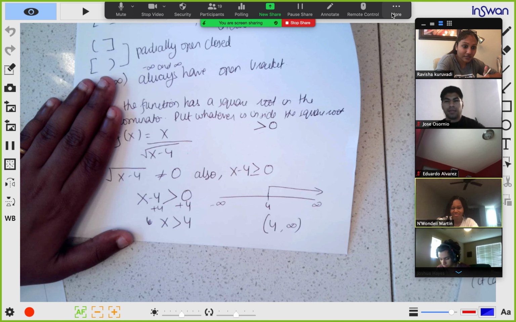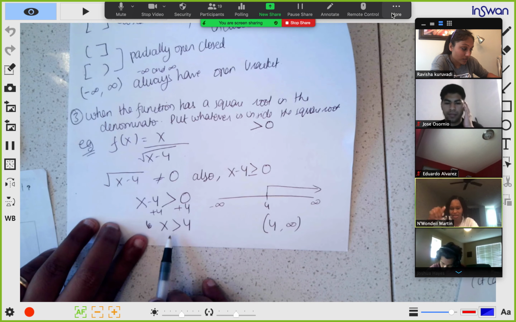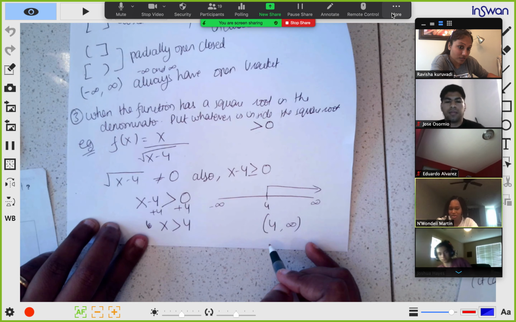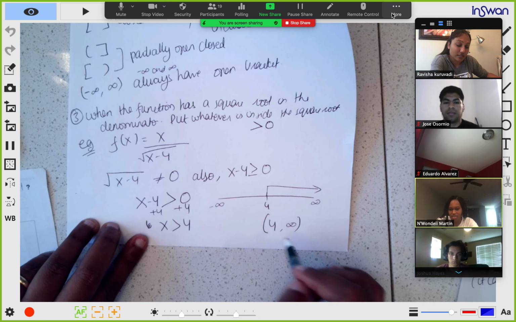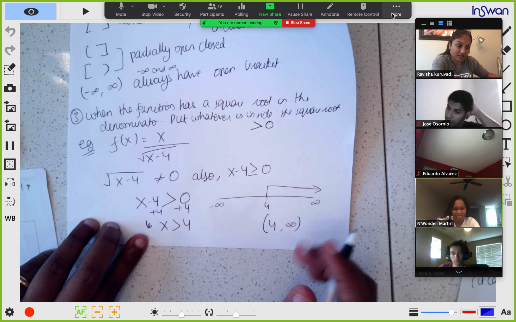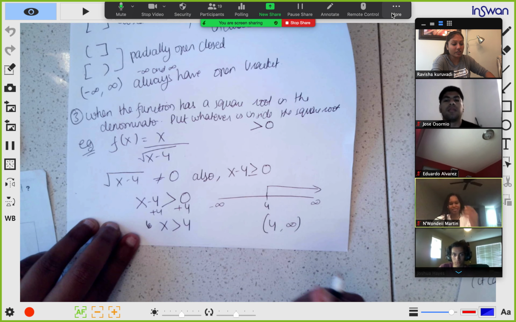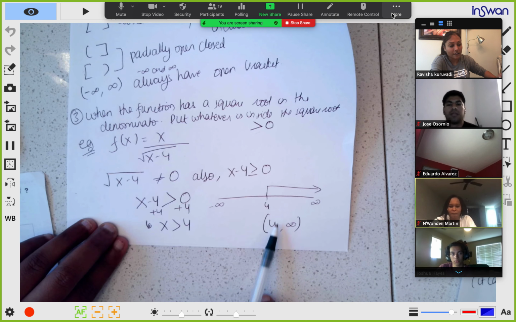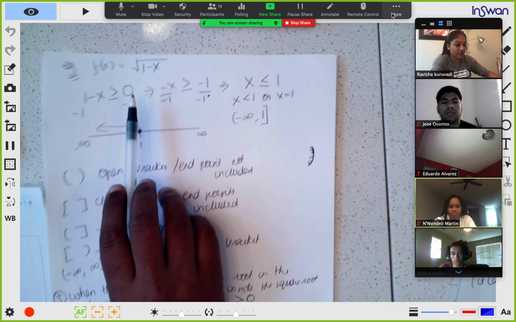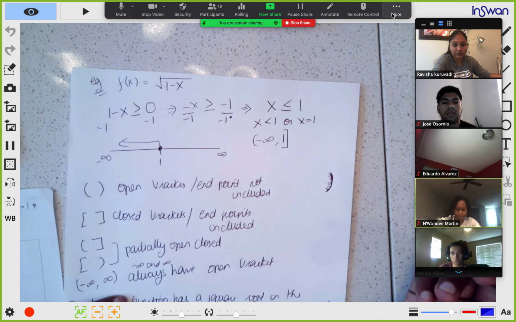So if it's open, then the endpoint is not included. So the endpoint isn't included for the 4 to infinity? Yes. Okay. So whenever you have a denominator, you'll always have an open bracket. Whenever it's in the numerator, you'll always have a closed bracket on one side. Any doubt with this example?